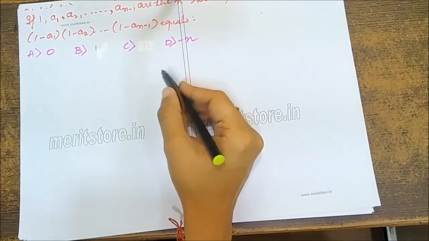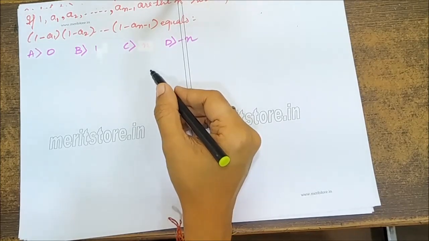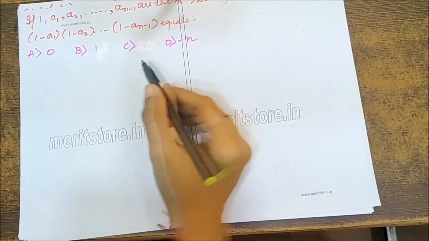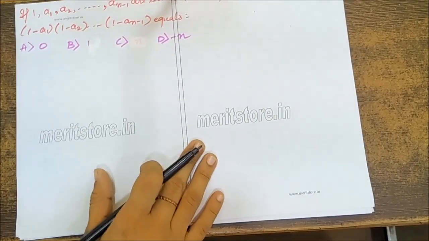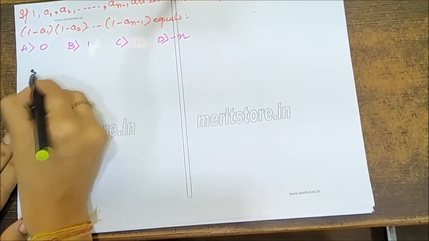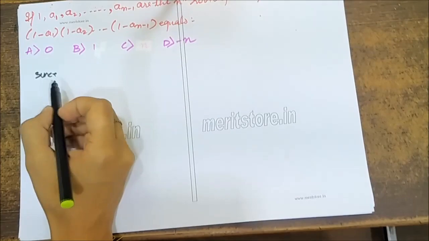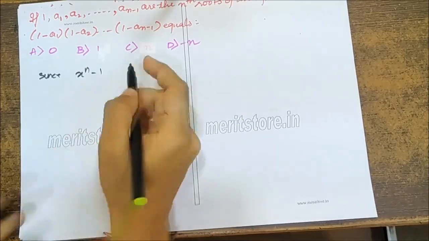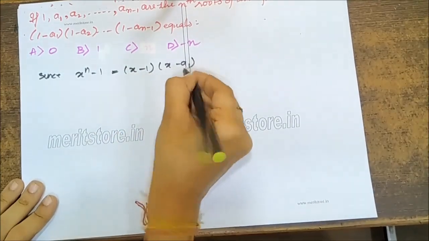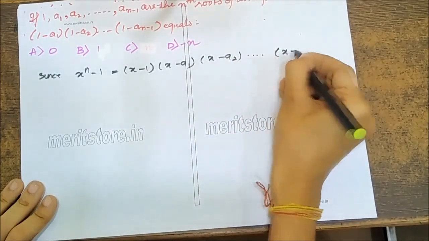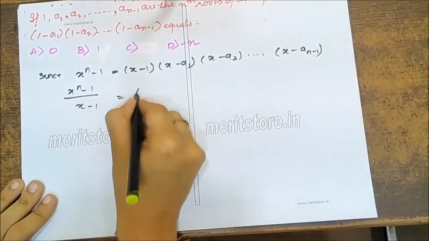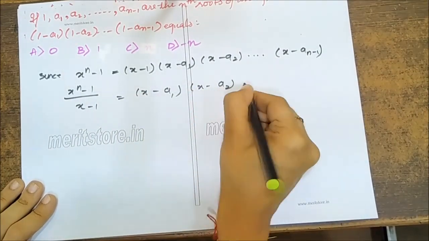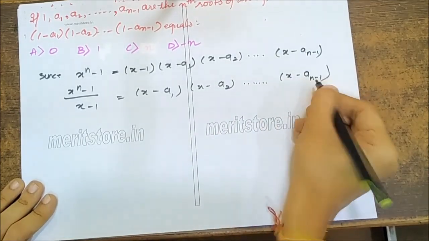Now since x raised to n minus 1 is equal to x minus 1, x minus a1, x minus a2 till the extent of x minus a raised to n minus 1, what you get is x raised to n minus 1 upon x minus 1 is equal to x minus a1, x minus a2, till x minus a raised to n minus 1.